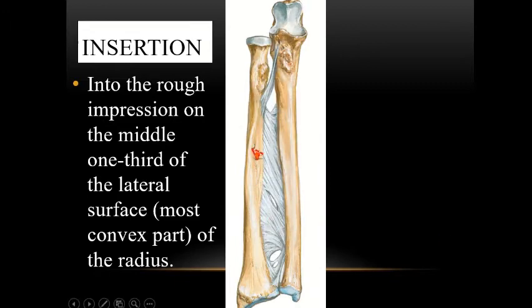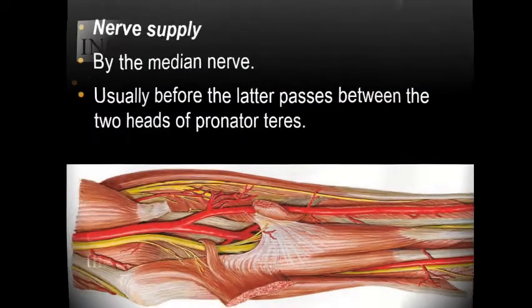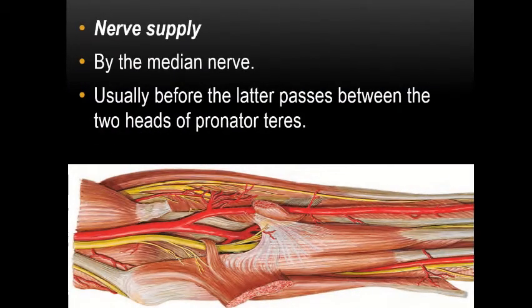Approximately it is present here. If we rotate it medially, we can identify the roughened surface present on the lateral surface of the shaft of the radius, and here the pronator teres gets inserted.